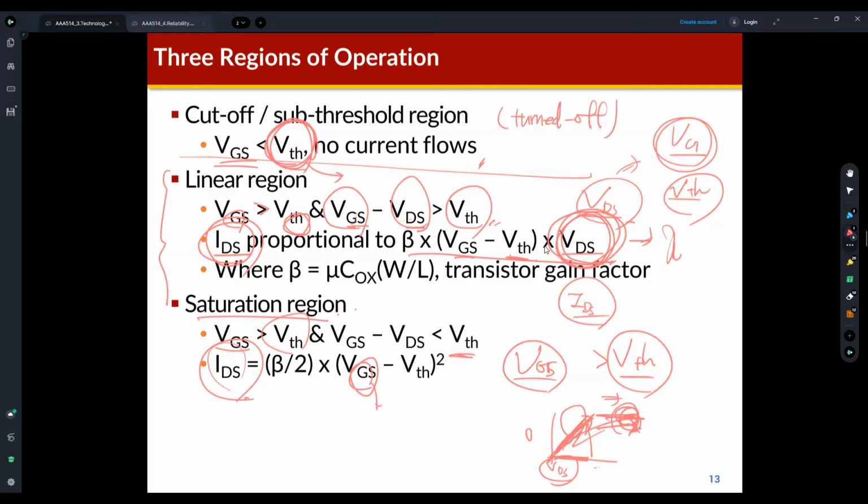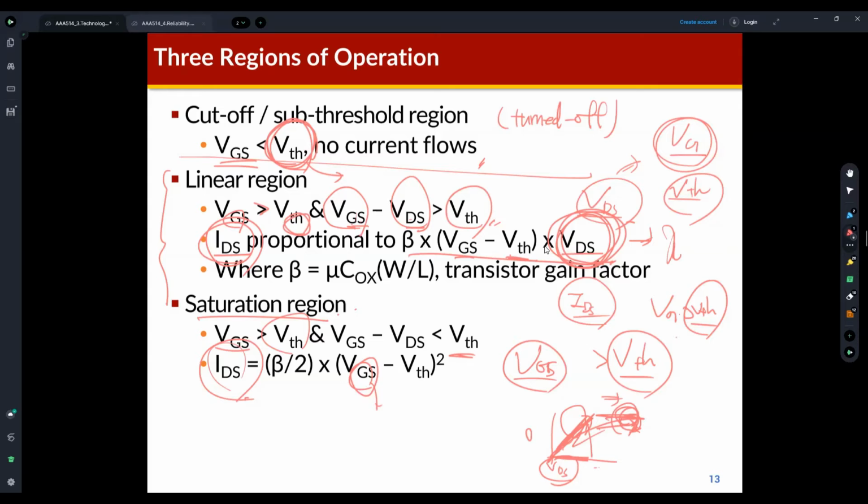And if the VG is higher than the threshold voltage, then the transistor is turned on. Actually, the designer uses these characteristics of the MOS transistor.